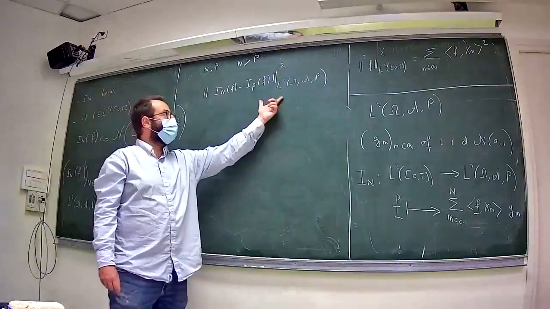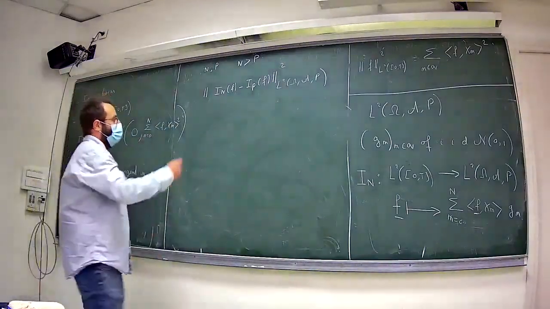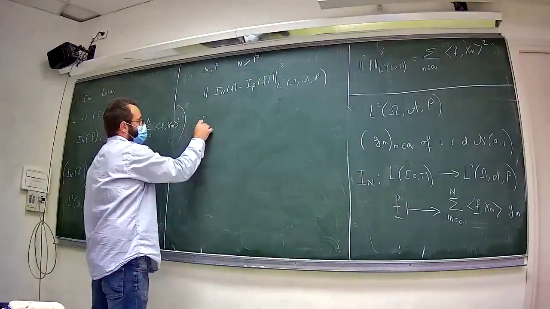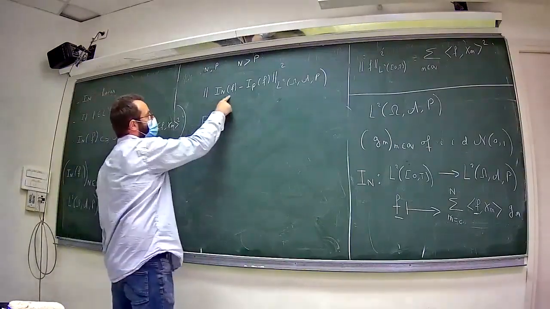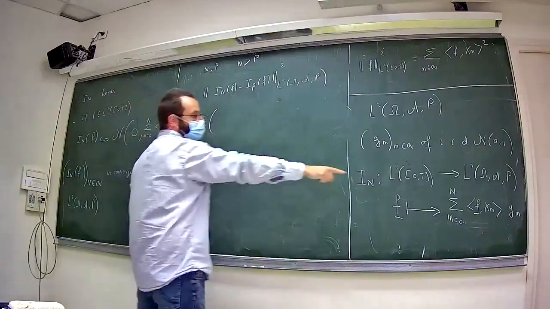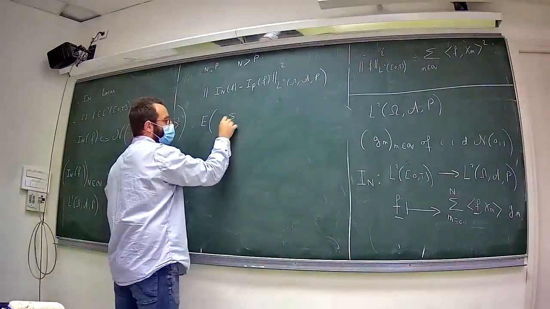But what is this one? It is just the expectation of In of f minus Ip, the sum that I can write this way.